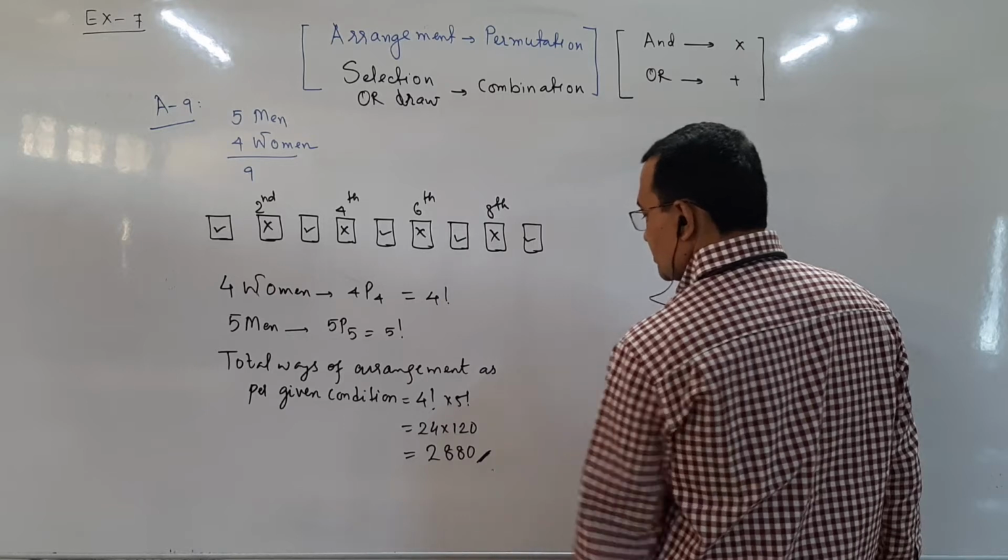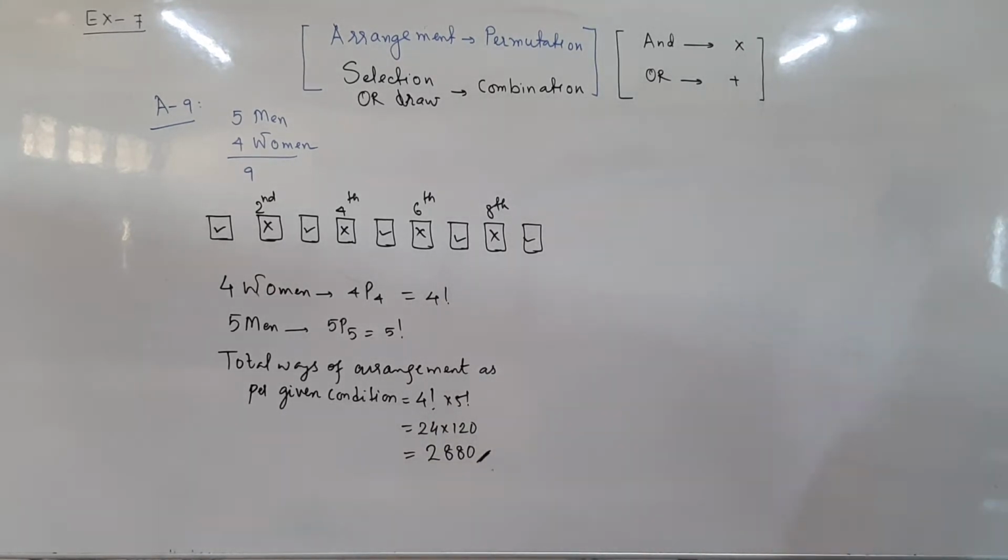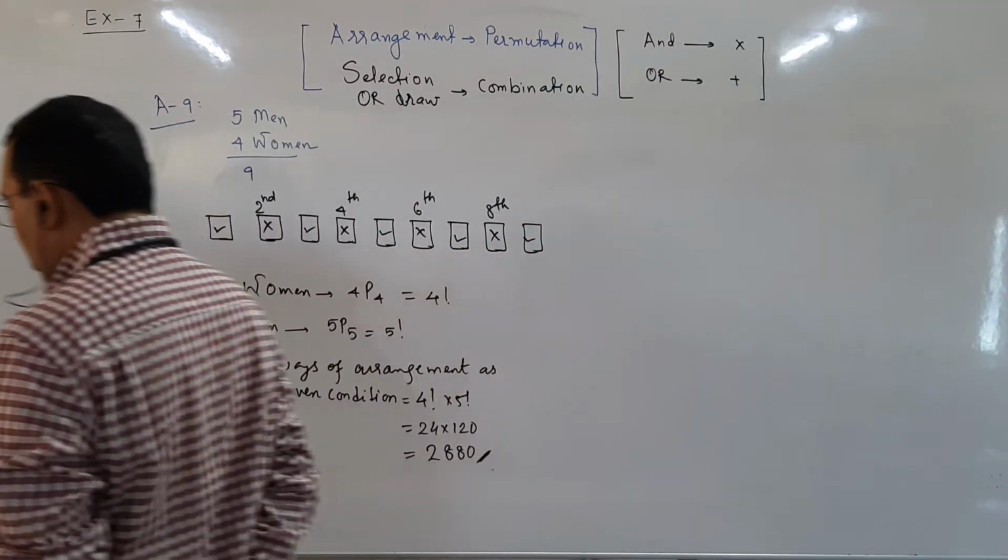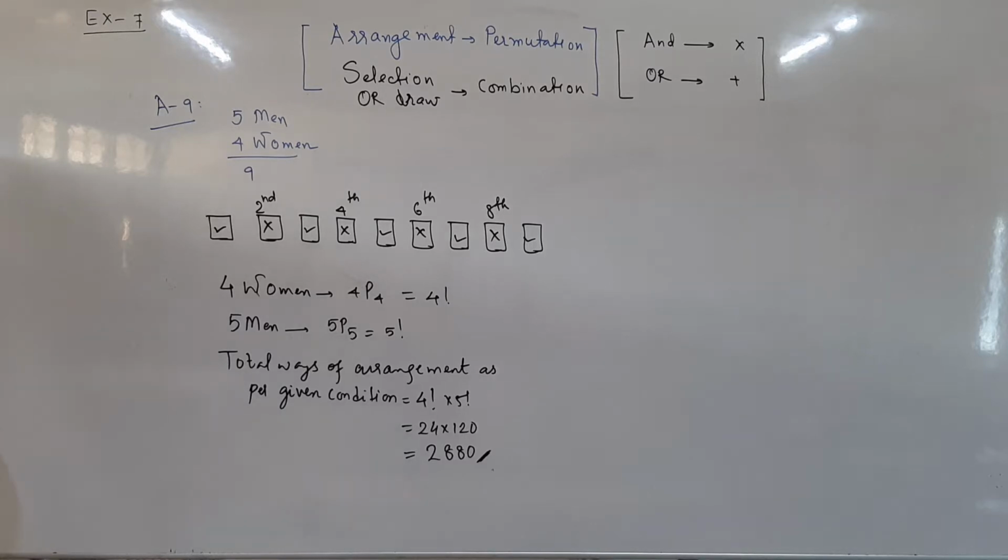2880 ways. This is, students, our final answer. So these are the sums of conditional permutation. Previous was the sum of conditional combination, students, and you have to be very perfect in understanding all the basics.